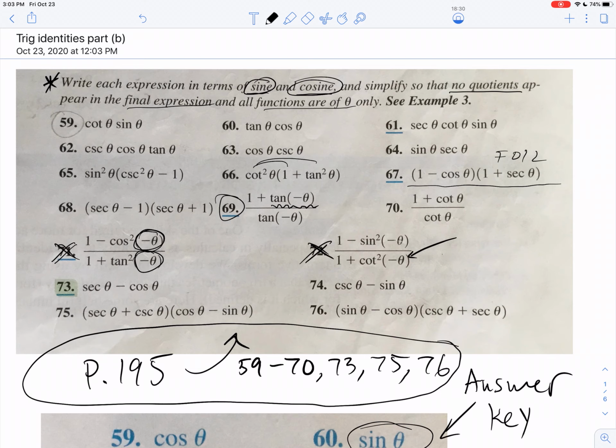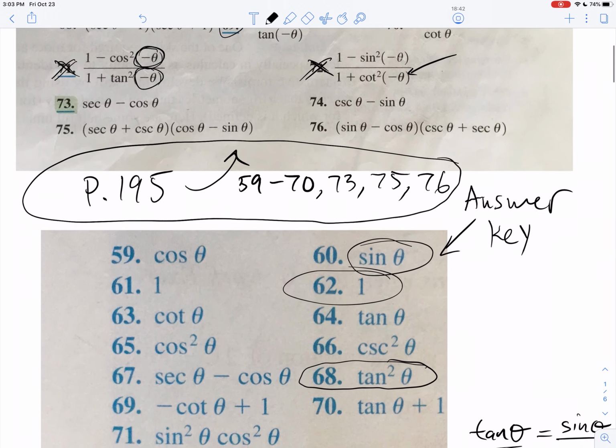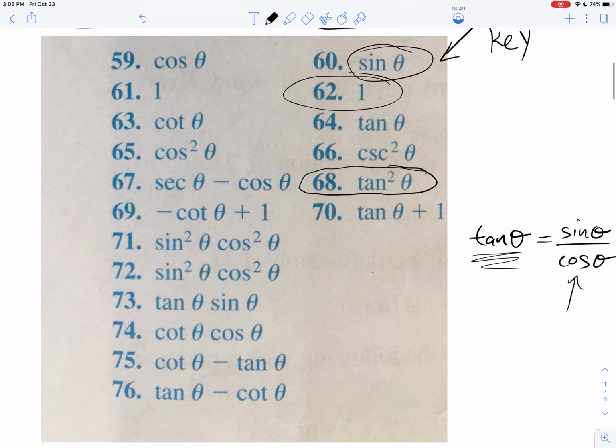Now, here's the thing. You really don't know what you're doing. You're flying blind a little bit because you've been thrown into this world where we can substitute different things in. But take a look at what you're aiming for. Let me erase those marks I made on the answer key for you. Get them out of the way.